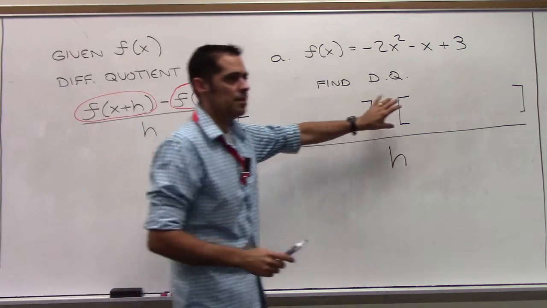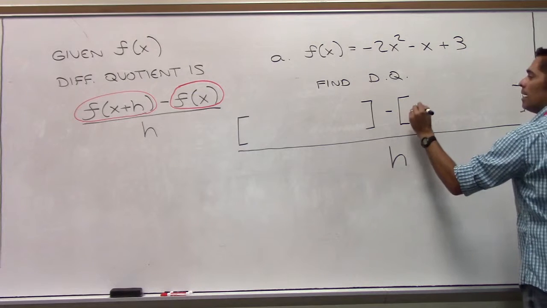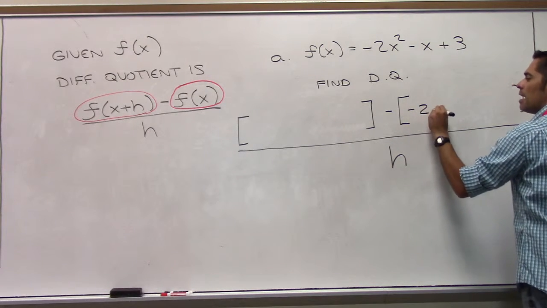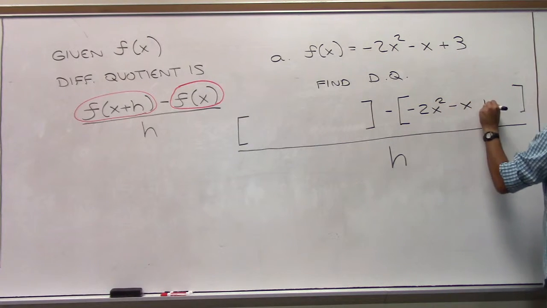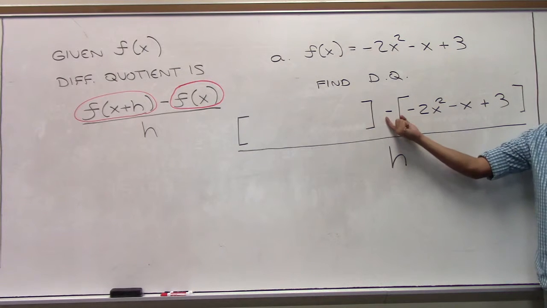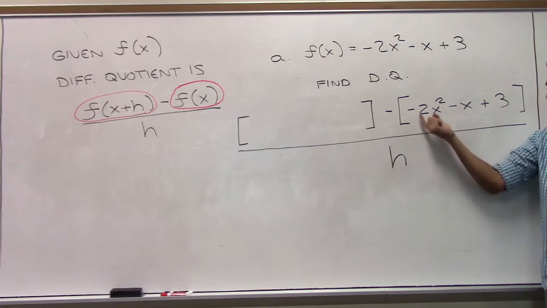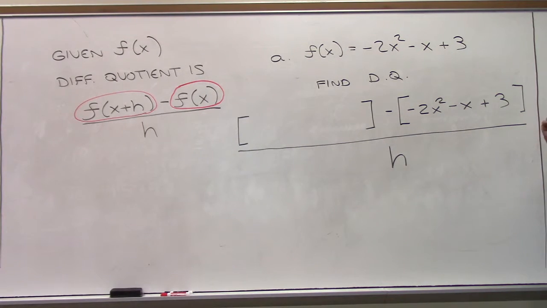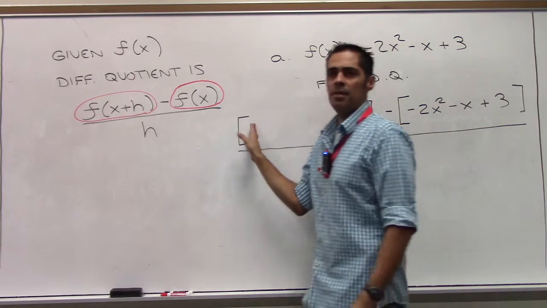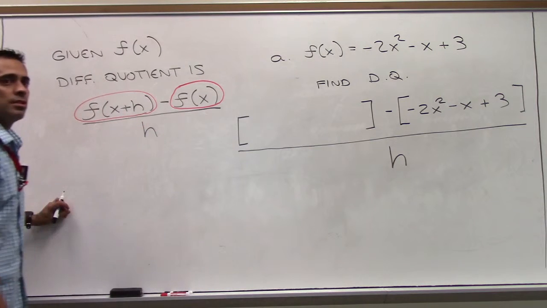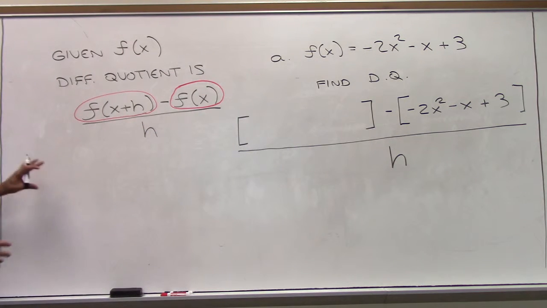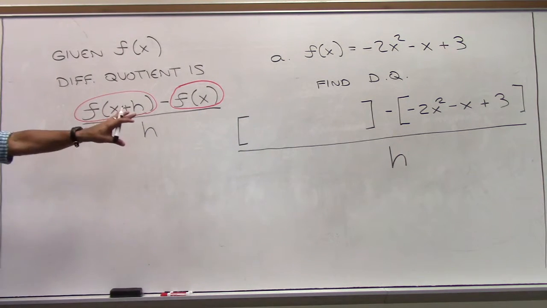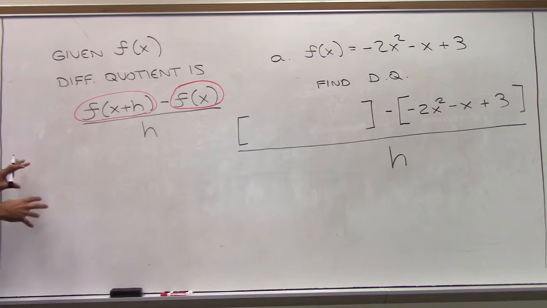So why don't we fill in this top right one with f of x? And very important that I use those brackets, because that negative sign is going to have to do what? Distribute through. The real tricky part of this is figuring out what this piece is, which is f of x plus h. So maybe I should do it over here, get the answer, and then plug it in. A little bit of scratch work on the side.